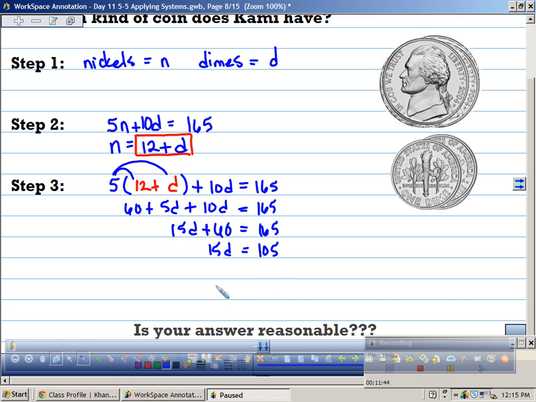If 15 dimes equals 105, how many does 1 dime equal? Or how many dimes are there, I should say?